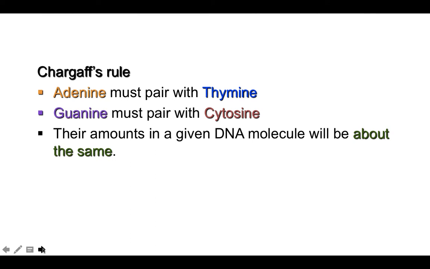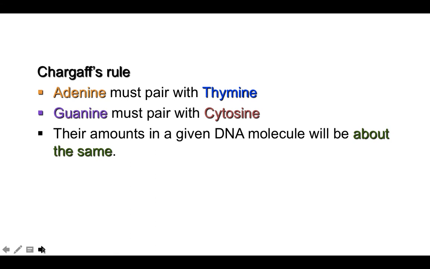This phenomenon is known as Chargaff's rule, named after Erwin Chargaff, who observed that there are equal molar concentrations of adenine and thymine, as well as guanine and cytosine, in most of the DNA samples or molecules that he examined across different living organisms.